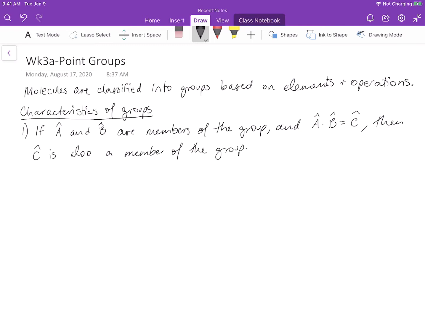And so we looked at, for example, ammonia. So if we have our top-down view, we could think of that as a triangle. And so we have our C3 axis in the middle.